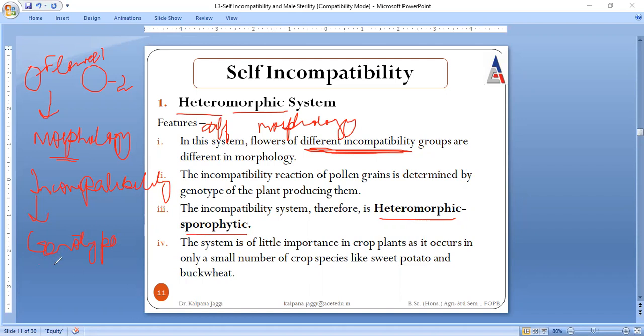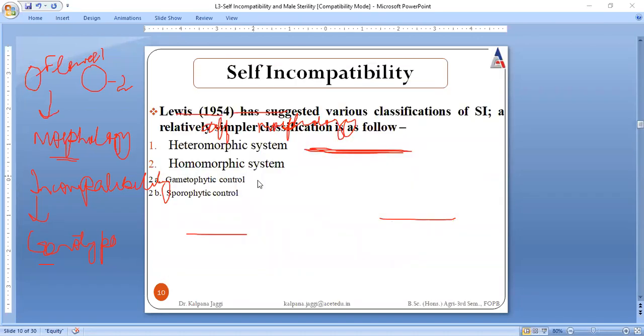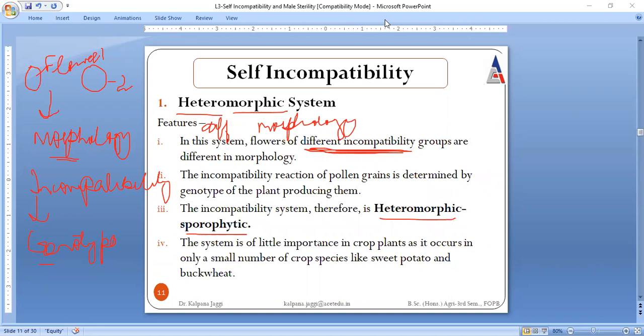Now, why is it said to be sporophytic? There usually are two things. One is the pollen grain. When we talk about the spore, we will be talking about the pollen grain.